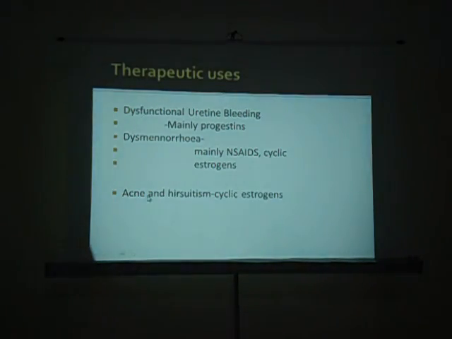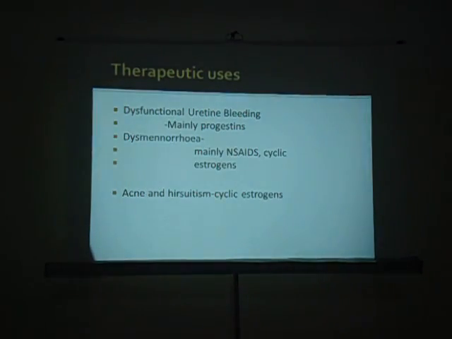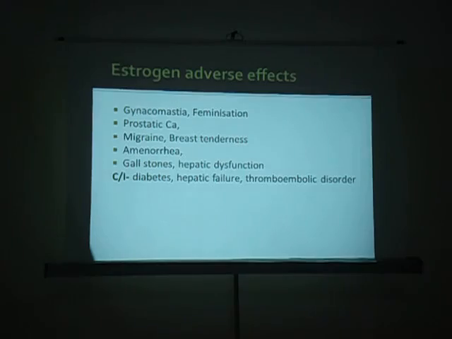Acne, hirsutism, these, hirsutism mainly occurs after the chronic use of these oral contraceptive pills, mainly because of the progestrogenic effect. Okay, pigmentation, hirsutism, main problems with the progesterone, where estrogen can take over and decrease those symptoms.